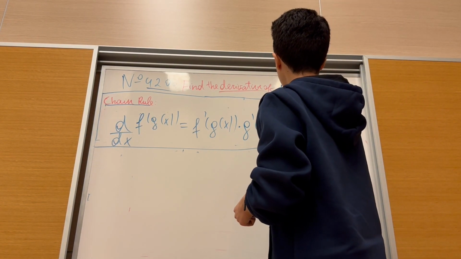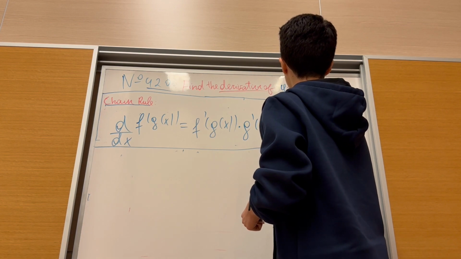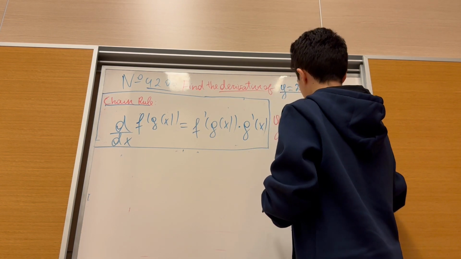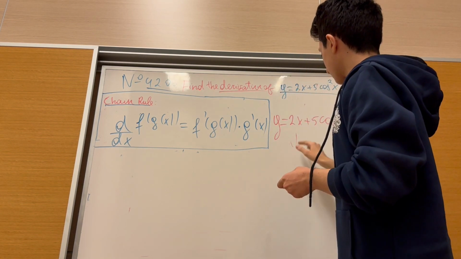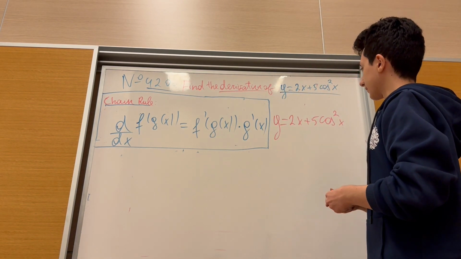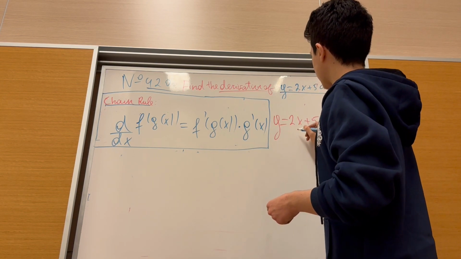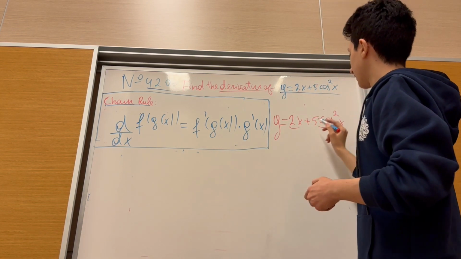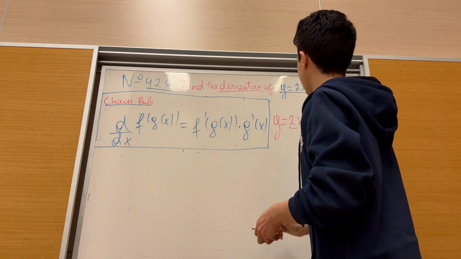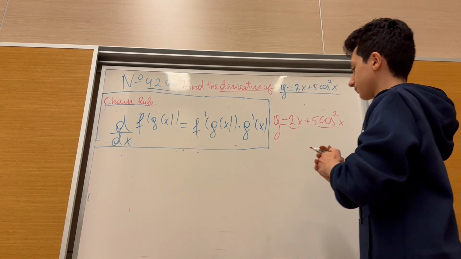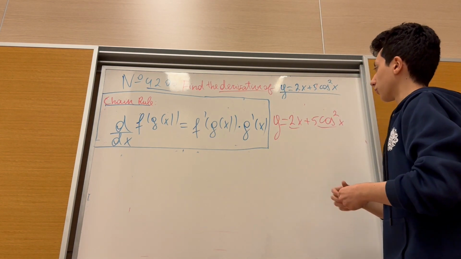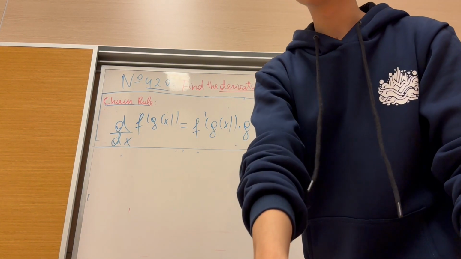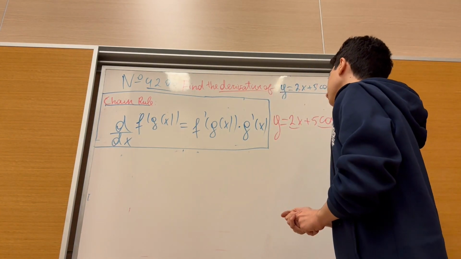Our function is y equals 2x plus 5 cosine squared x. A sum rule tells us that if we have two separate functions, for example, this is f(x) and this is g(x), and we want to find the derivative of their sum, we can find their derivatives separately and then add them.